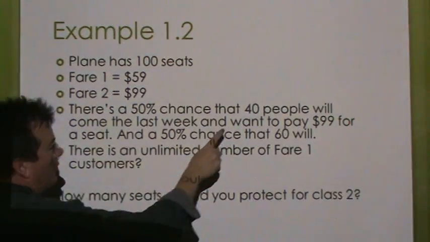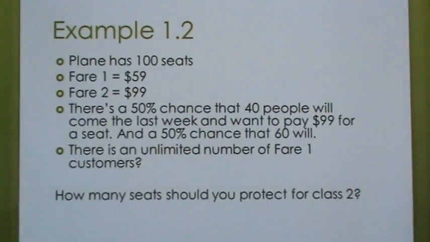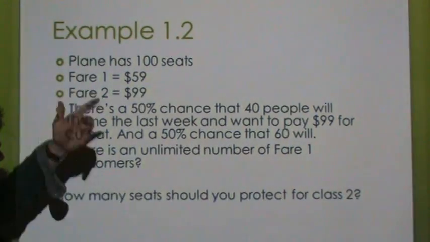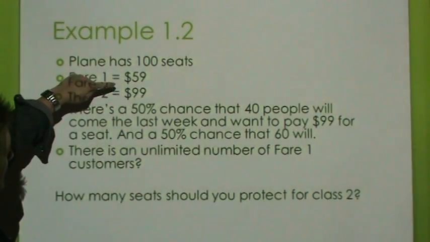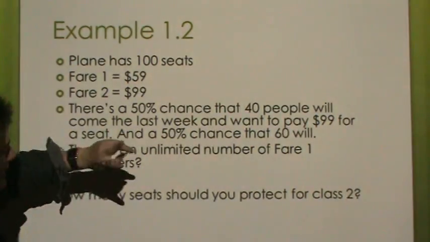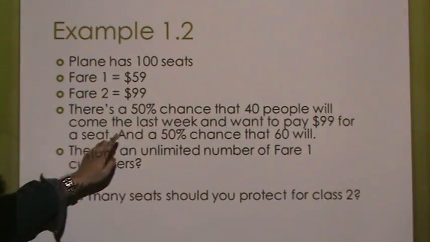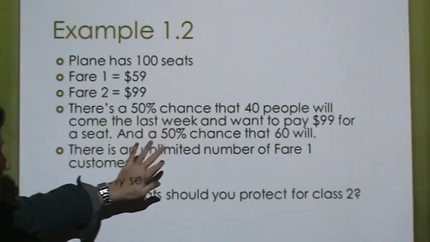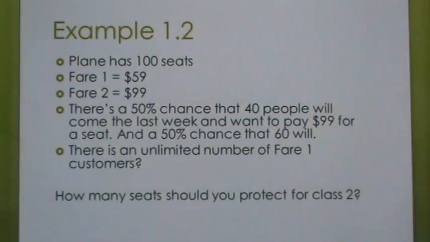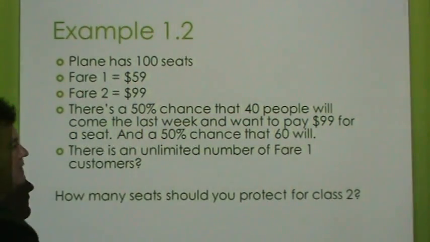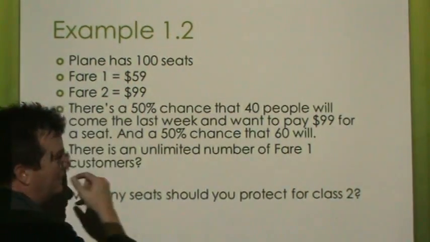Right, because we don't know whether 40 people are going to come or 60. So we would end up doing a computation, comparing the two choices: we should either protect 40 or 60. Would it make sense to protect less than 40?